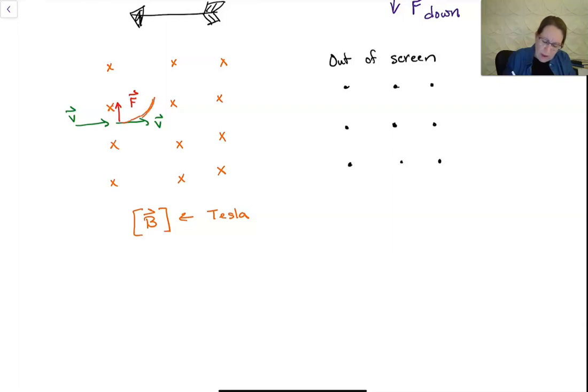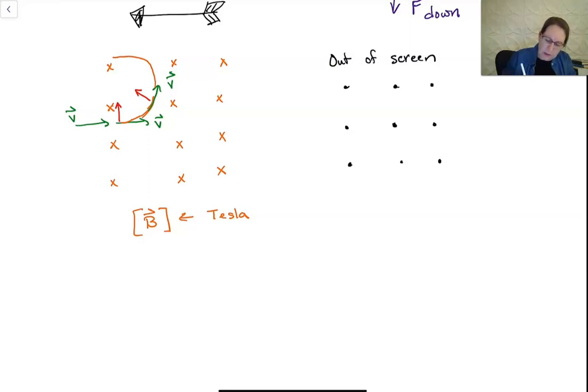That's the path it starts to go on. And as soon as it bends, its velocity is in that direction, magnetic field into the page, and that gives us a force like this.